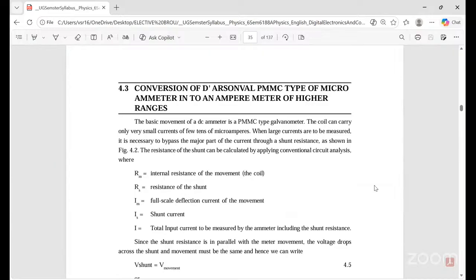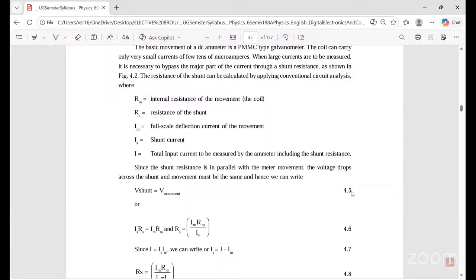The resistance of this shunt can be calculated from the conventional circuit. Here RM is the internal resistance of the moving coil, RS is the resistance of the shunt, IM is the full scale deflection current, IS is the shunt current, and I is the total current.